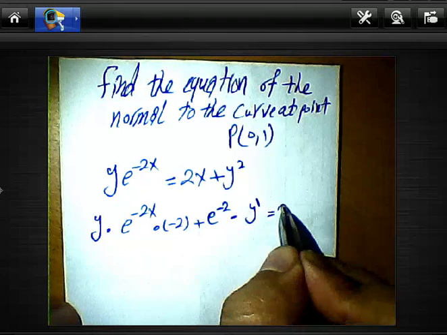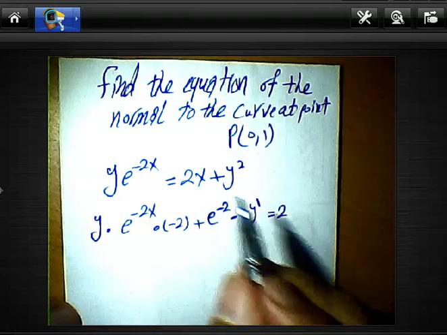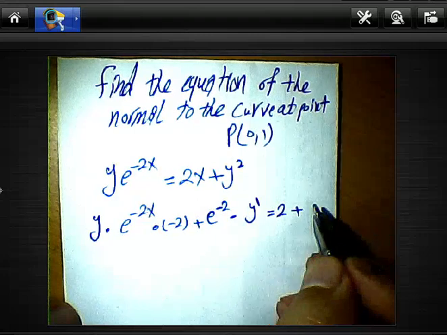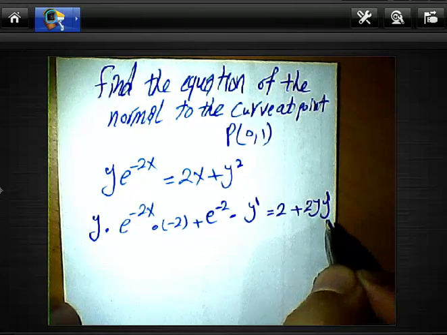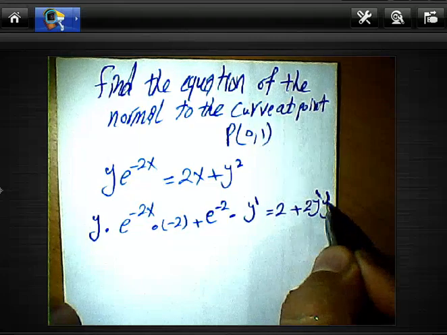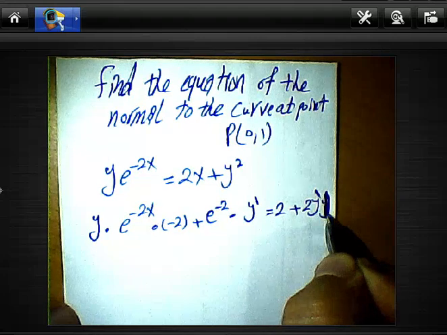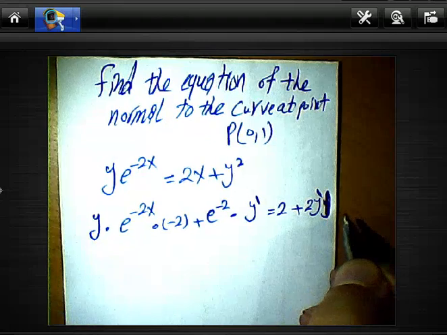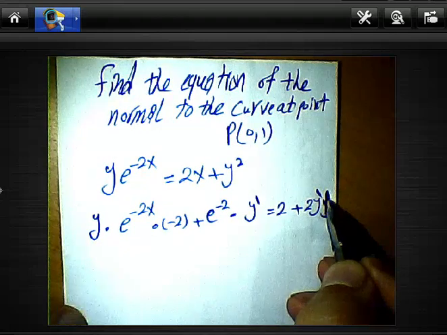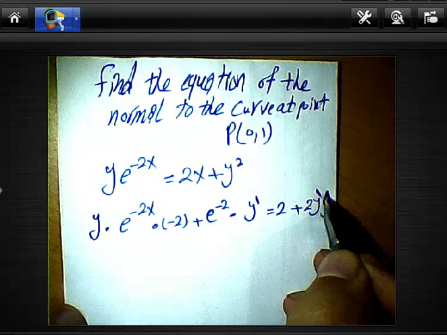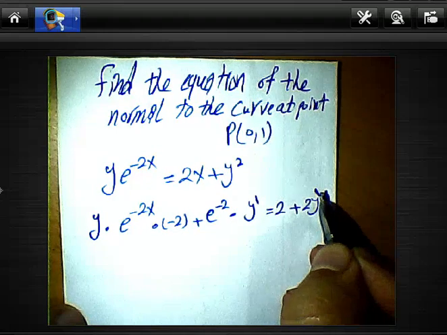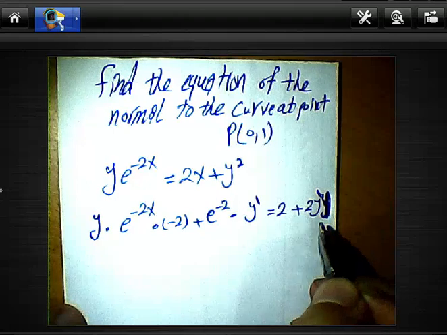And here we can write the derivative of 2x will be 2, plus the derivative of this term, 2y y dash. Okay, 2y dash y.